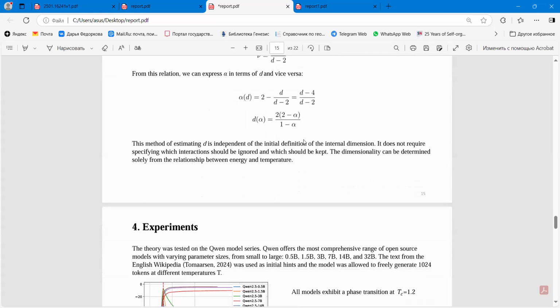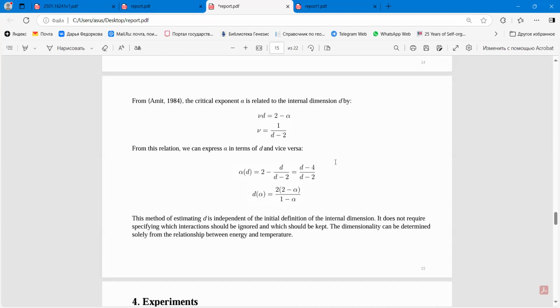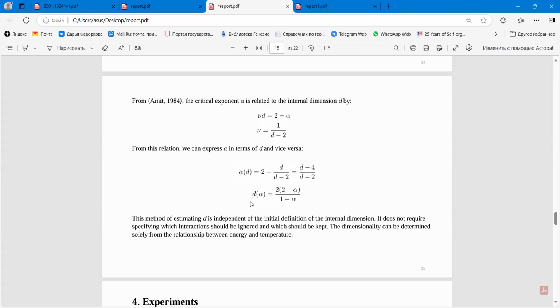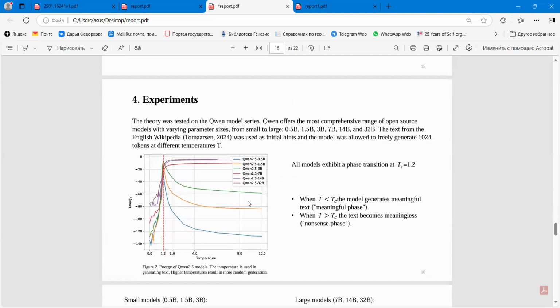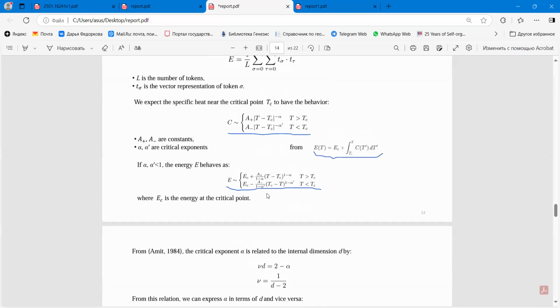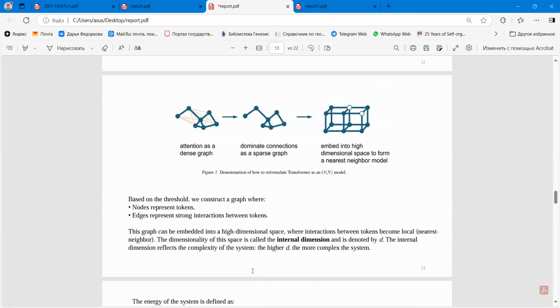So I'm lost here. What is the internal dimension? The dimension in which you can embed the graph. No, that was the definition of the internal dimension. Before, you gave a definition of internal dimension, I thought it was the dimension in which you can embed this interacting graph. If you go up, I think there was some place you said it. Yes, this graph. But again, it's an arbitrary number.